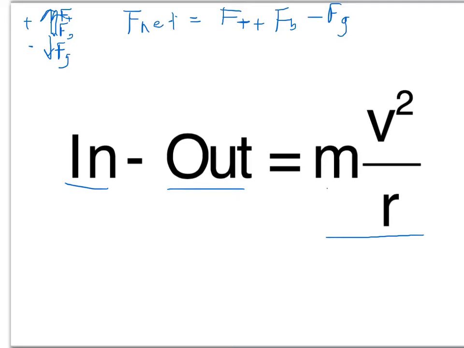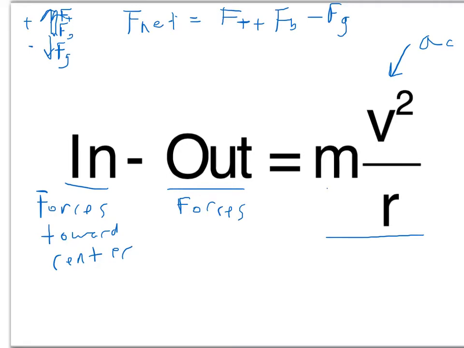Remember that v squared over r is just acceleration, but it's acceleration for a circle. So in minus out equals ma, or mv squared over r. By in, I mean forces toward the center of the circle, and by out, I mean forces away from the center.